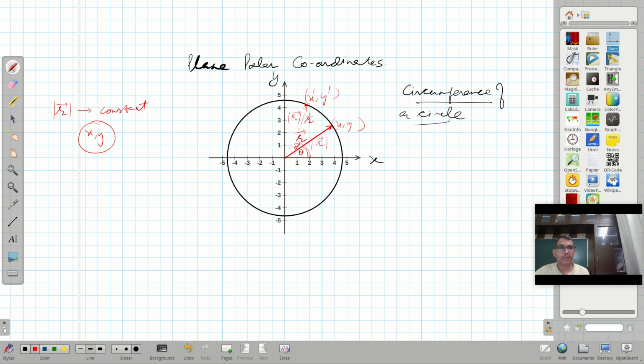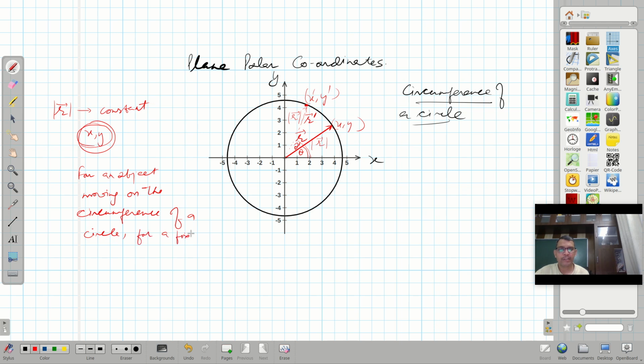But what is going on? This r keeps on changing, its vector keeps on changing. So that means rather than considering both x and y as variables for an object moving on the circumference of a circle, what will happen?